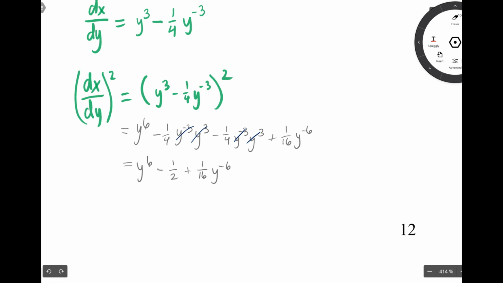No, I get it. There's a portion inside the integral, inside the square root, where we do 1 plus dx dy squared. Okay, so what would this be if we added 1? I just want to skip a step. If I would add 1, it would be y to the 6 plus 1/2 plus.